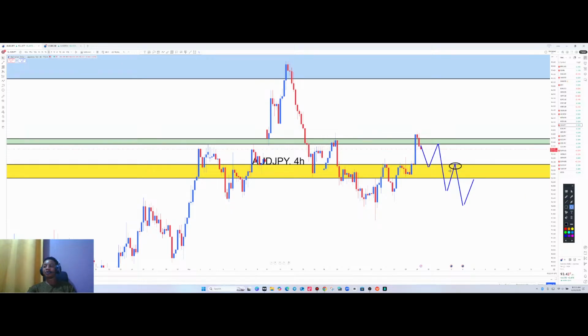That one, I'll be much more comfortable with. So entry must be below where this 4 hour support level is. Whichever way the market may move, the entry must be below that. You get it? So that's it also for AUDJPY.